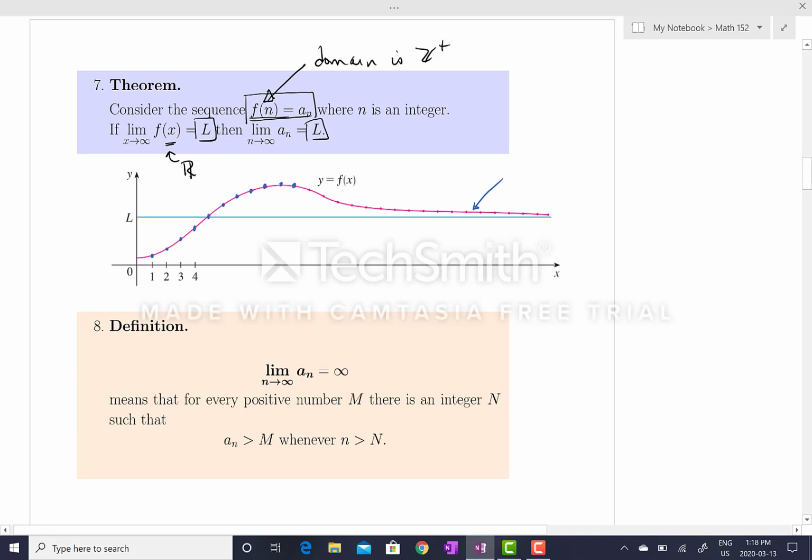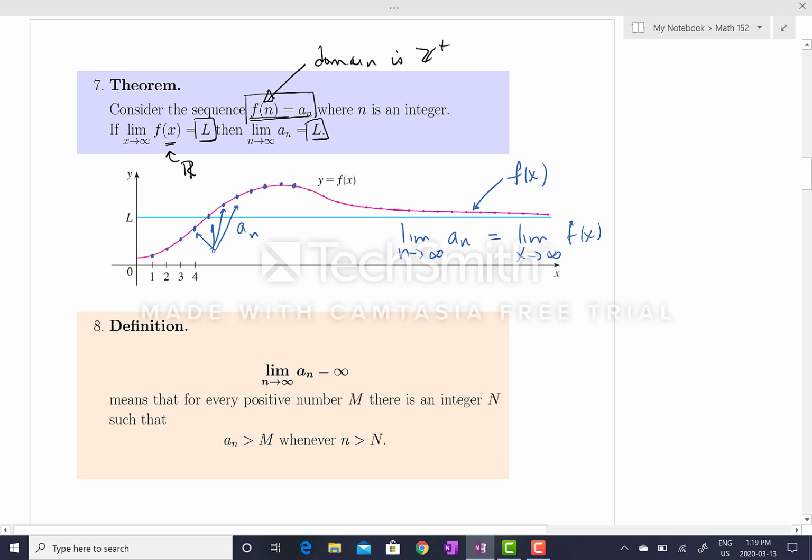This red line here is f of x, a continuous function. And then our dots, these things here, are our sequence, that is a_n. And our theorem is simply telling us that the limit as n goes to infinity of a_n will be the same as the limit as x goes to infinity of f of x.